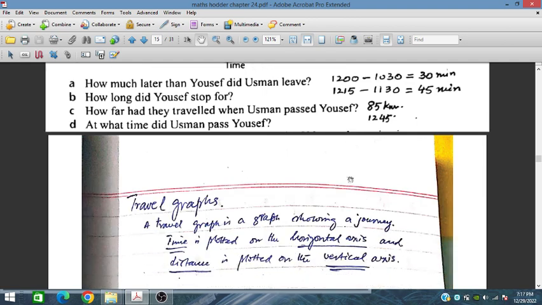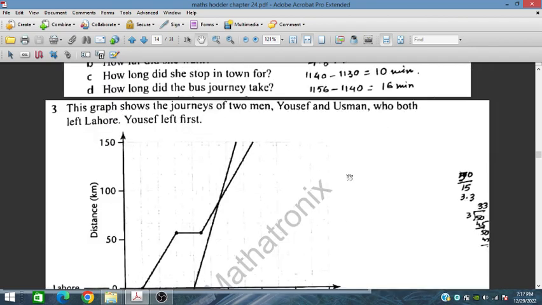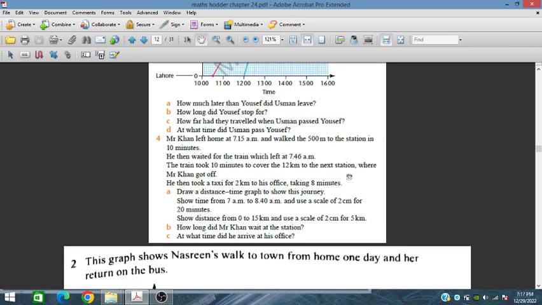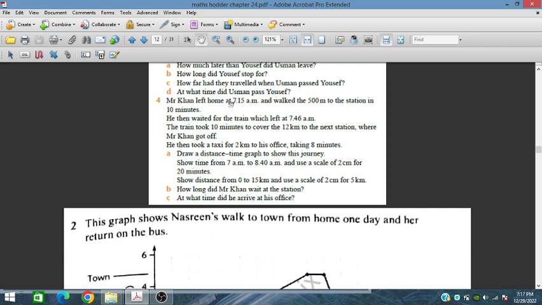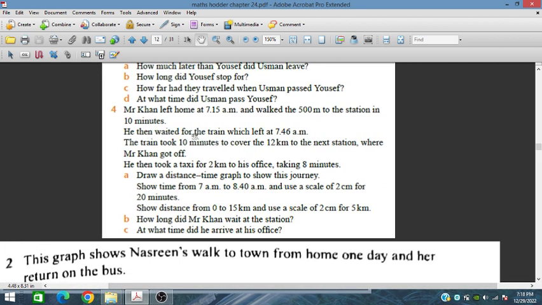So let's start with travel graph 24.2, and then solve question number 4. Mr. Khan left home at 7:15 a.m. and walked the 500 meters to the station in 10 minutes, and then waited for the train which left at 7:46 a.m. The train took 10 minutes to cover the 12 kilometers to the next station where Mr. Khan got off.